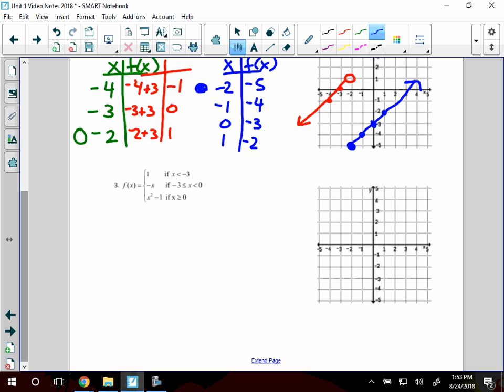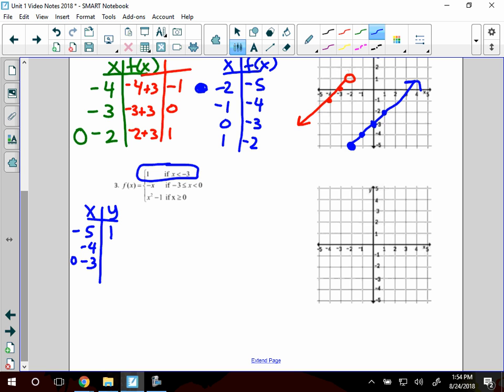All right, number 3. Here I have 3 pieces. So I'm going to do this one first. So I'm going to choose some x values less than negative 3. So I'm going to do negative 5, negative 4, and negative 3. Keeping in mind that at the value of negative 3, I'll have an open circle there. Now here it says f of x equals 1.